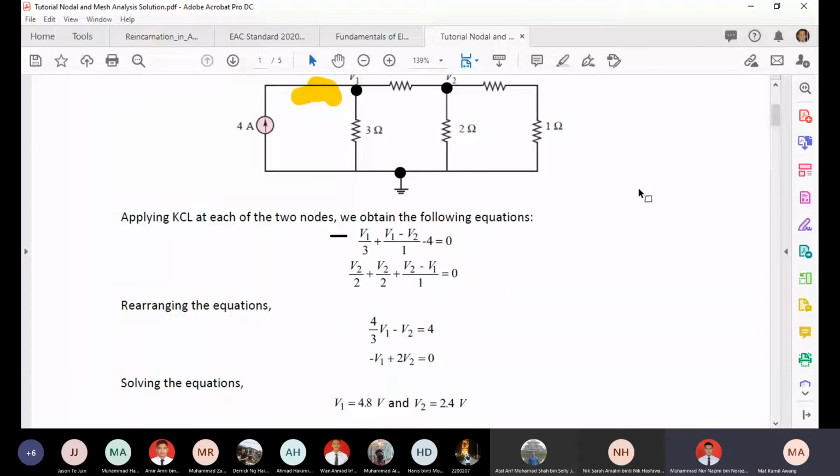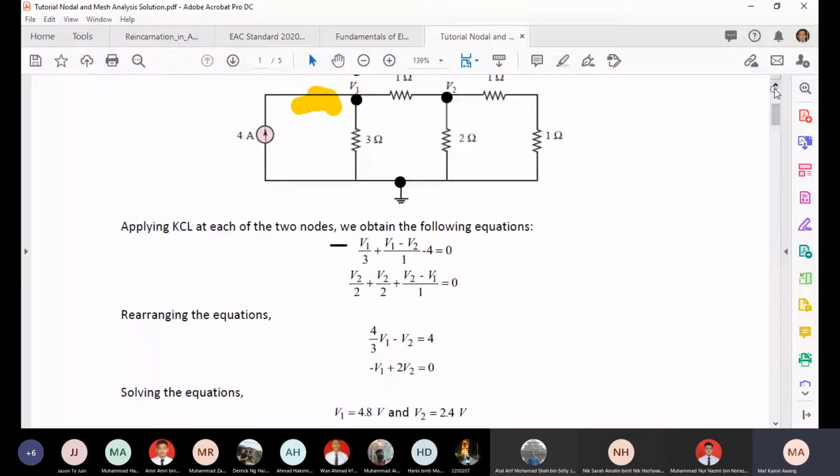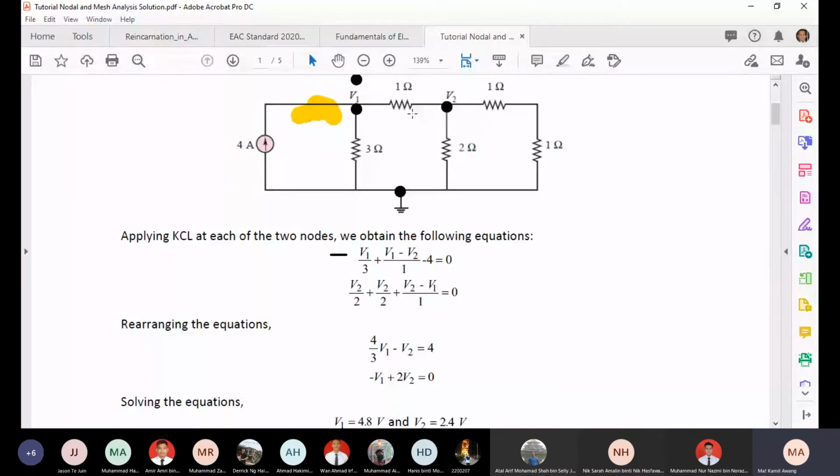Oh, I didn't use nodal analysis. The question asks you to find it using nodal analysis. Because normally when it's given V1 and V2 like this, it is actually nodal analysis.